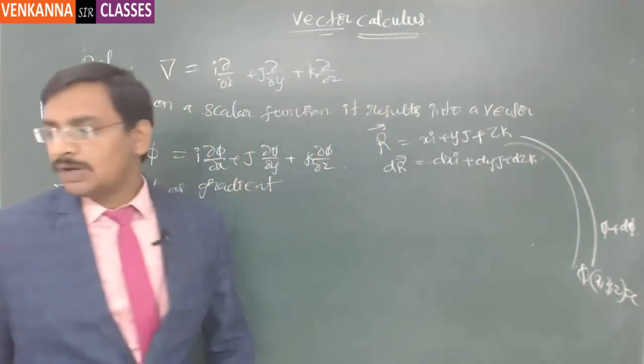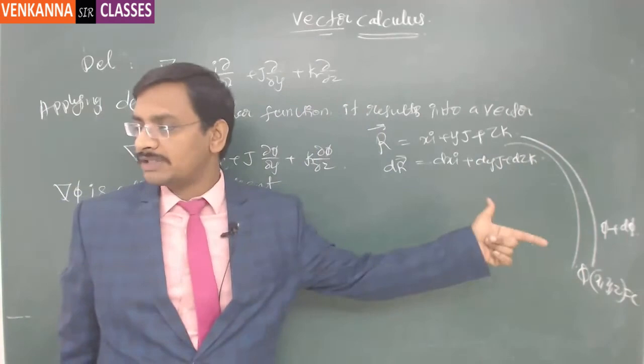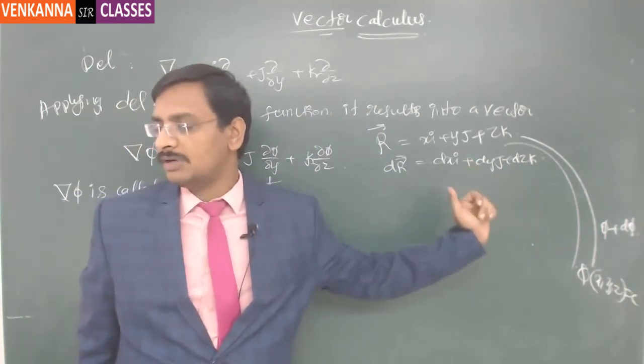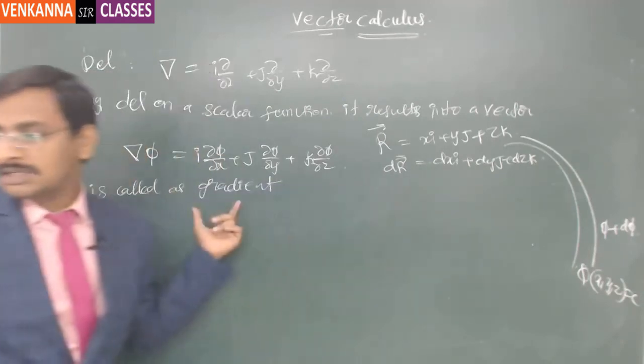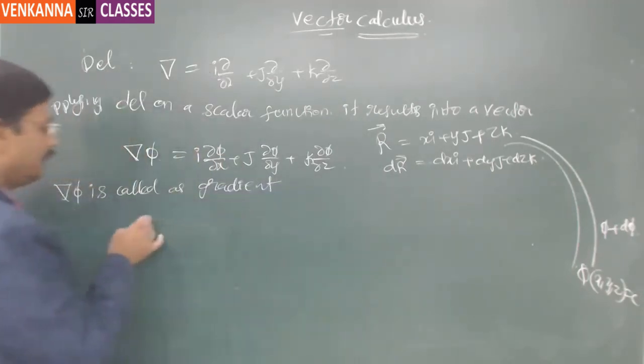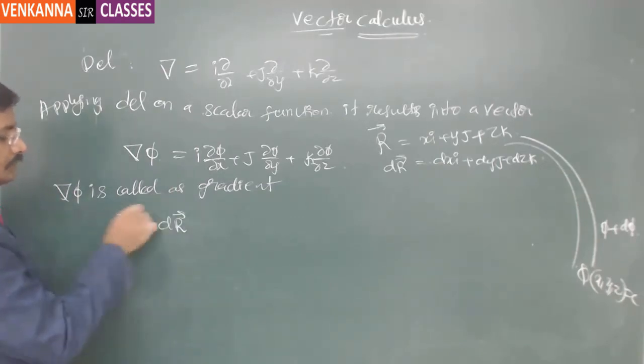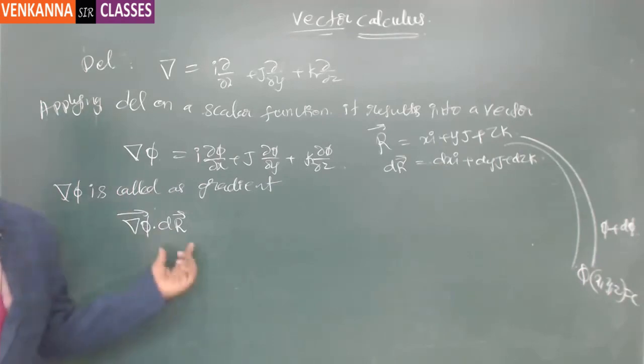Now, let us find out the relation between the change in the function value and the change in the point on that particular function. For that, let us take the dot product of del phi and dr. This del phi is a vector and dr is a vector.